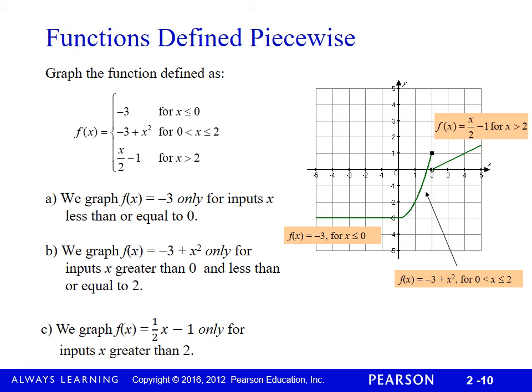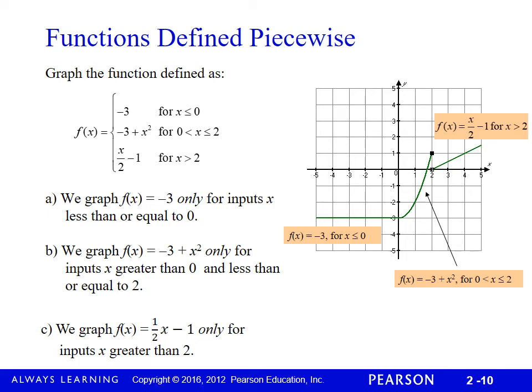We plug in the value of 2. We get 2 over 2, which is 1, minus 1, which is 0. So at 2, 0, it's part of the third graph, but it's really not part of the function. So notice that point is an open circle, meaning it's not included. But it is important to include that open circle in the graph so we can see where the boundaries are.